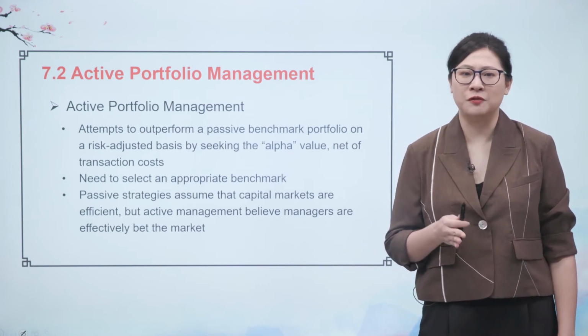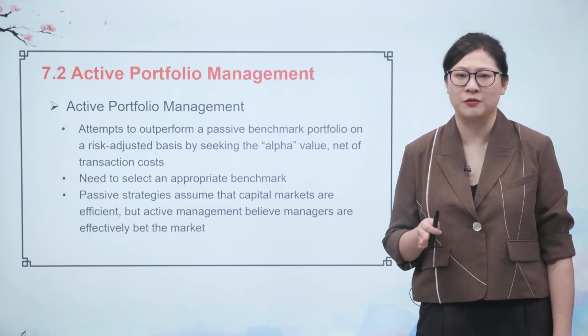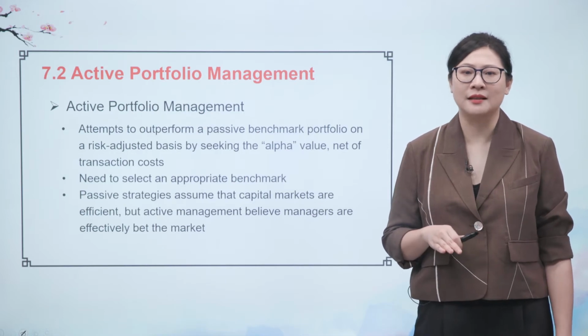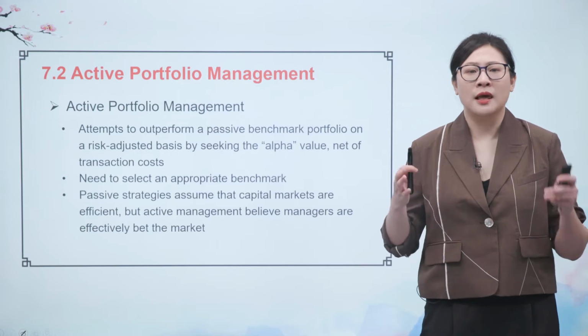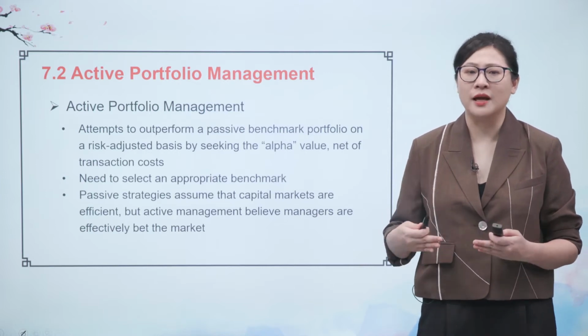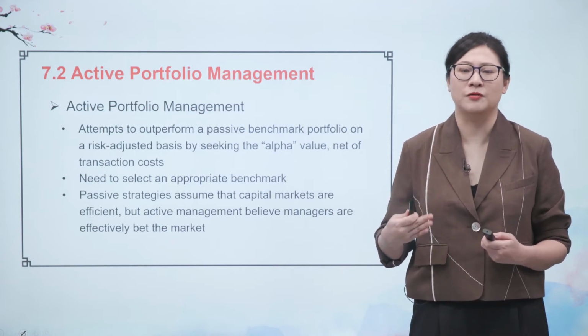Compared with passive portfolio management, active portfolio management attempts to outperform a passive benchmark portfolio on a risk-adjusted basis by seeking the alpha value, net of transaction cost. So the active portfolio will beat the market and have a higher return than the passive market portfolio.